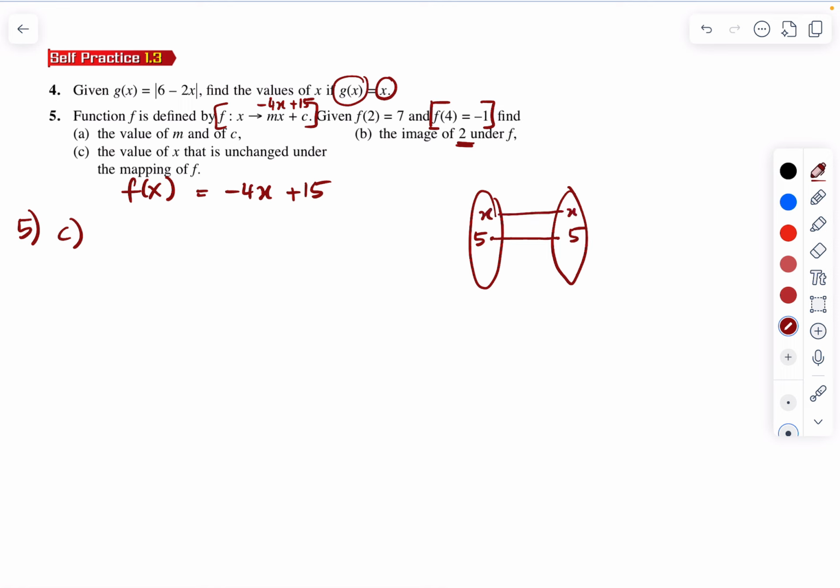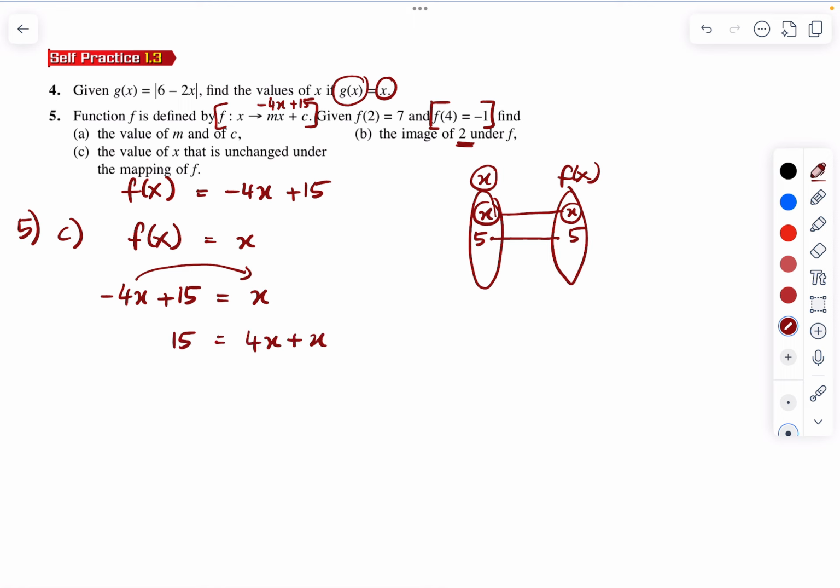Okay, so your object is x, your image is also x, so you can say f(x) equals x. Okay, so negative 4x plus 15 equals x. So now let's find what's x. Negative 4x we bring there, so 15 is 4x plus x, giving us 5x. Therefore x is 15 divided by 5, so we get 3.